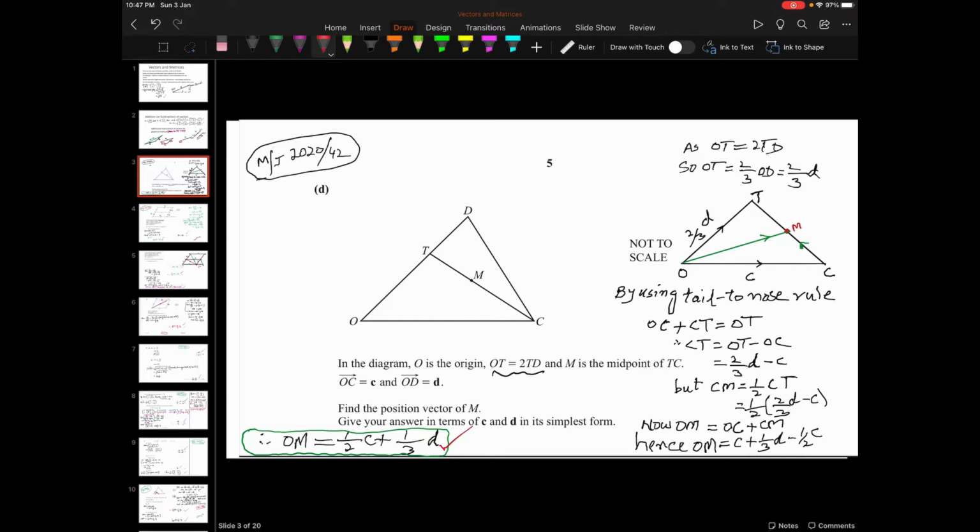Vector OC is equal to C and OD is equal to D. What we are going to find is the position vector of M. We need the value of OM.